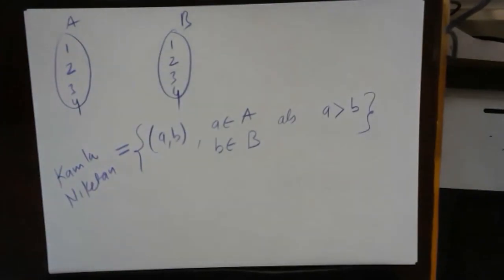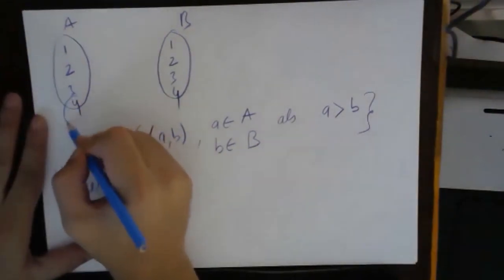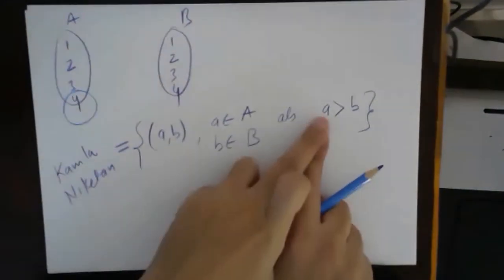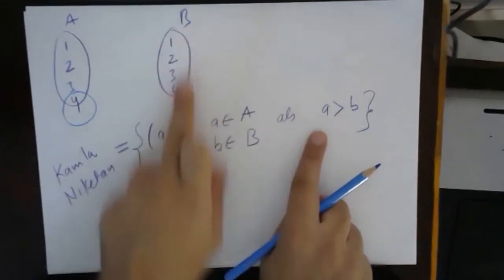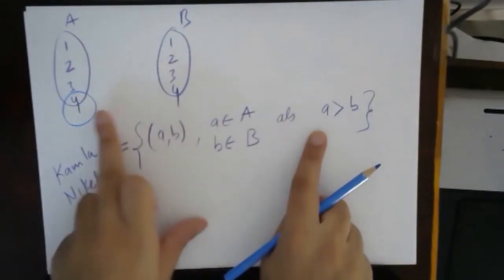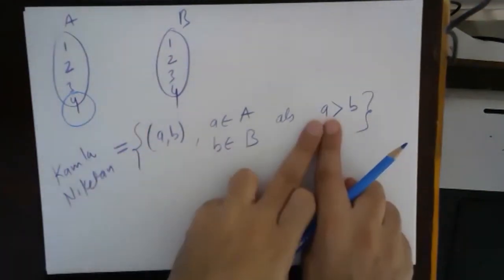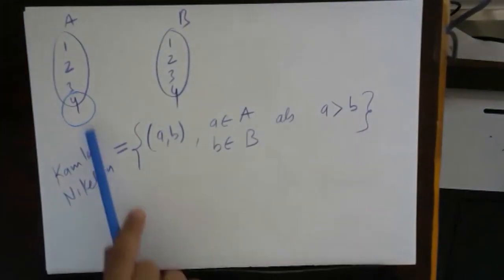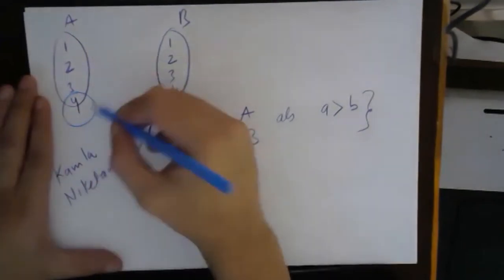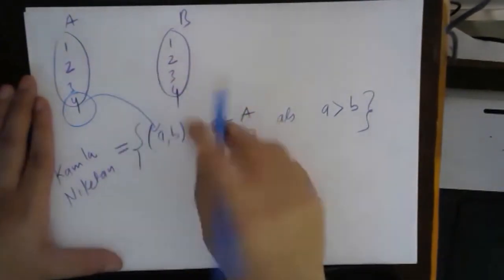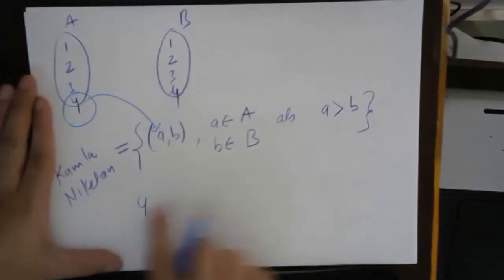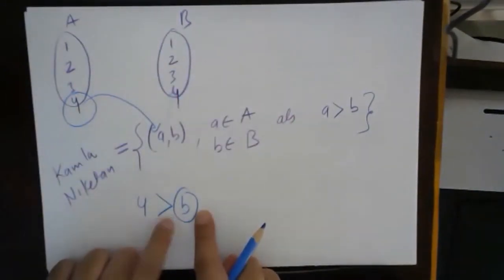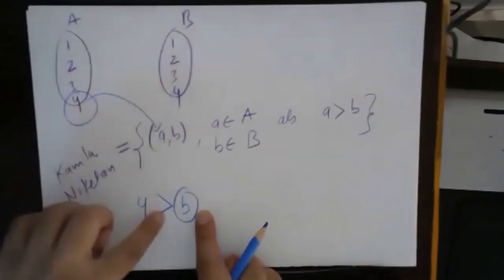Fine. So first let's see how 4 is linked with which element. a is an element of set A, and b is an element of set B. 4 is a, so 4 is greater than which elements? b is from set B, so b can be 1, 2, or 3.